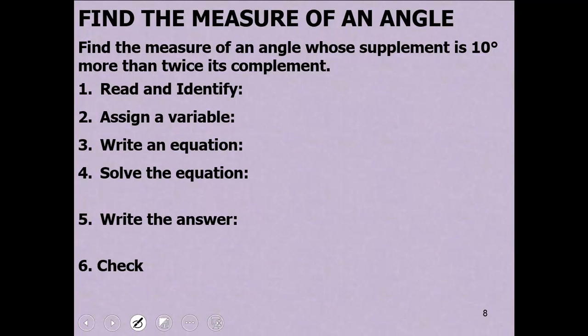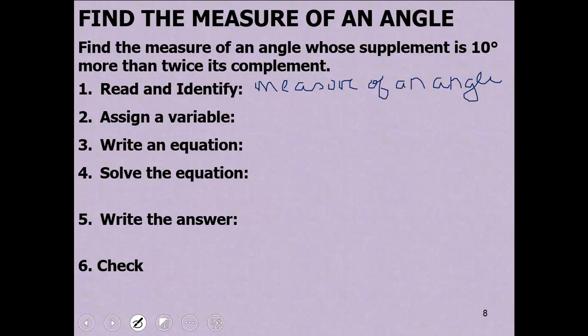All right. Find the measure of an angle whose supplement is 10 more than twice its complement. So what are we looking for? We're looking for the measure of an angle.